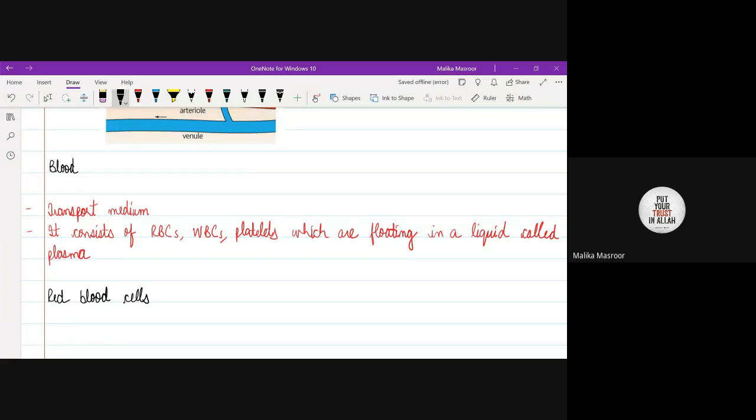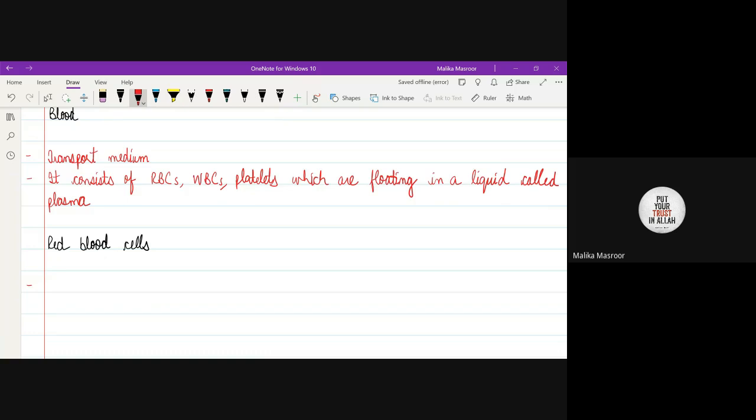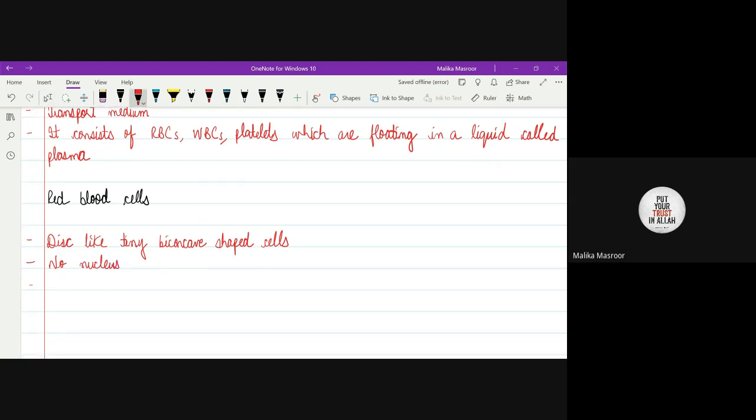Okay. Red blood cells are basically tiny, disc-like, biconcave shaped cells. They do not contain a nucleus. They are made up of spongy cytoplasm that is enclosed in an elastic cell wall.